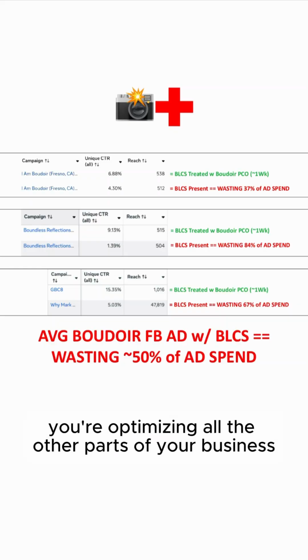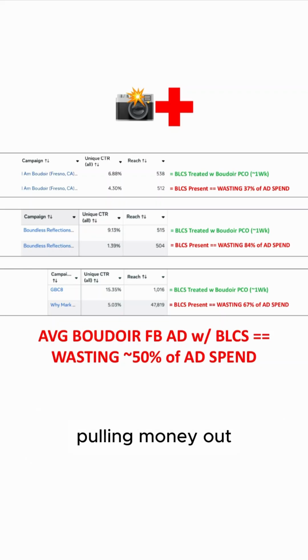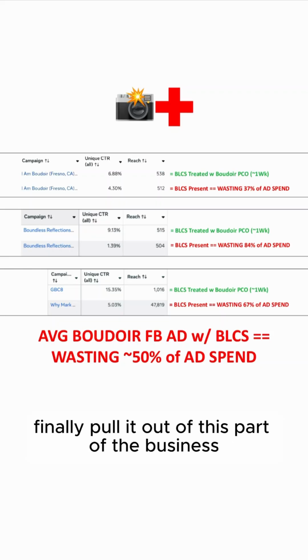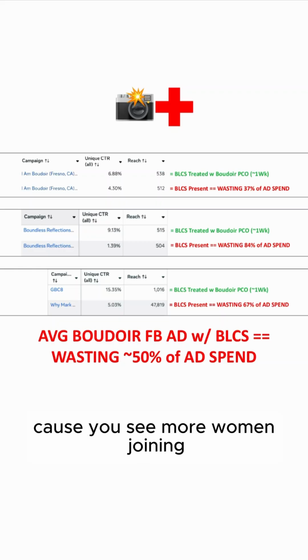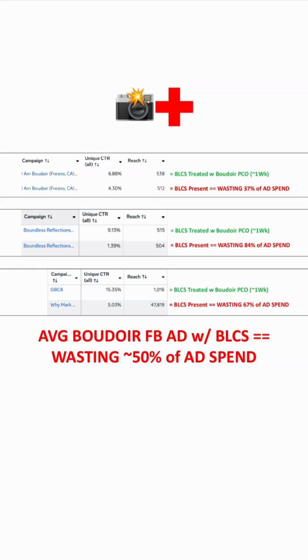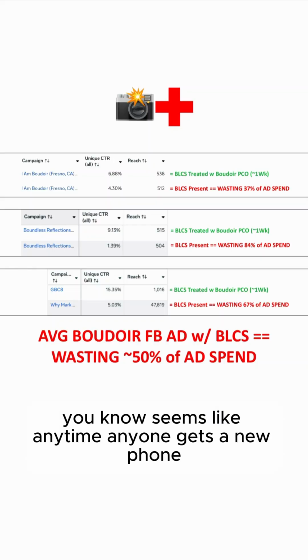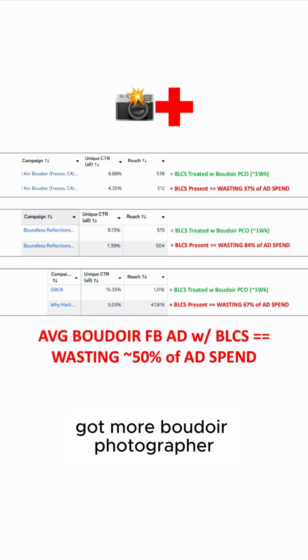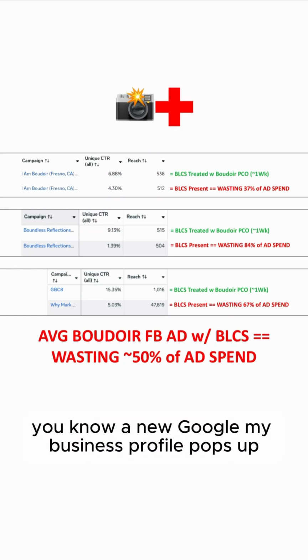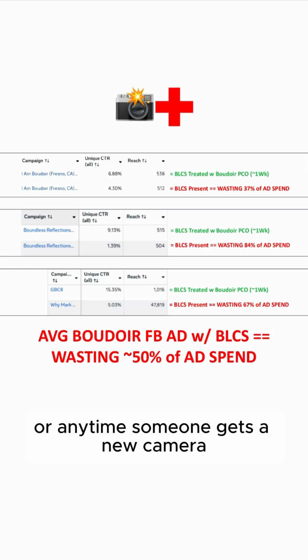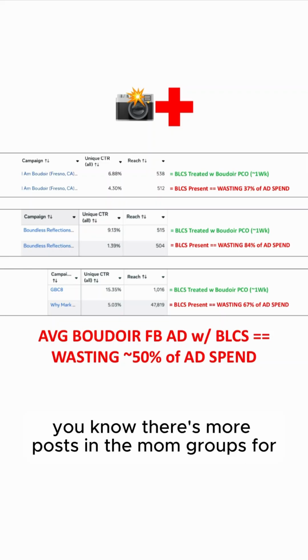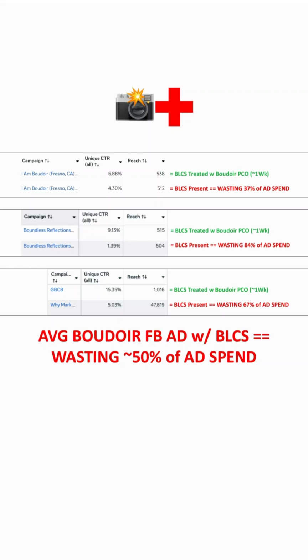And you're optimizing all the other parts of your business, pulling money out now. You decide you're ready to finally pull it out of this part of the business because you see more women joining. Seems like anytime anyone gets a new phone, you got more boudoir photography. A new Google My Business profile pops up, or anytime someone gets a new camera, there's more posts in the mom groups for the $50 shoots.